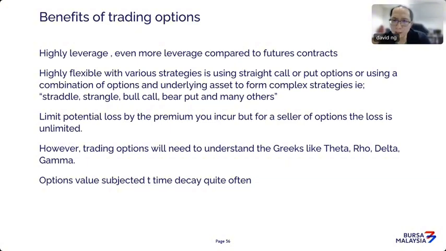Now, if you're a buyer, your losses are very limited. Your loss is limited to the premium you pay for buying the call or put. So if you think the index is going to close the year higher, and you don't mind looking at the options market, and the premium you pay is quite reasonable, I think options is definitely a better choice.